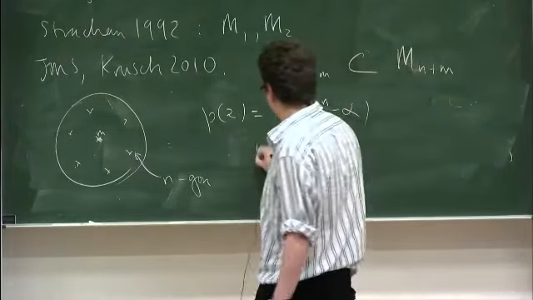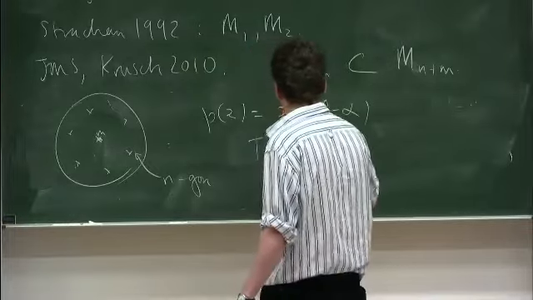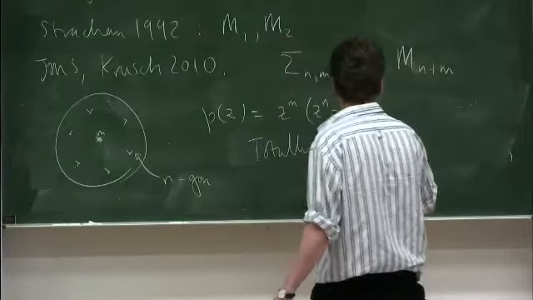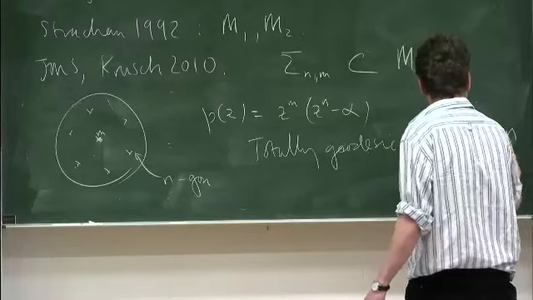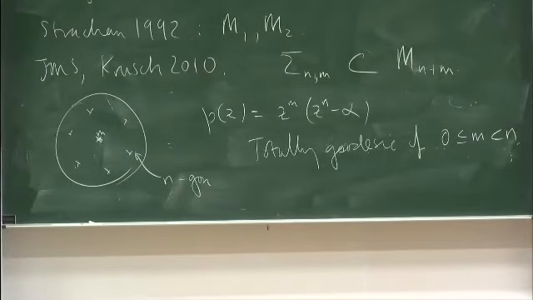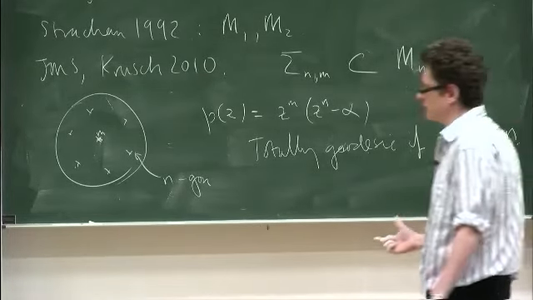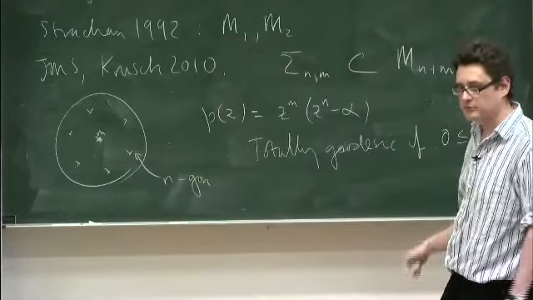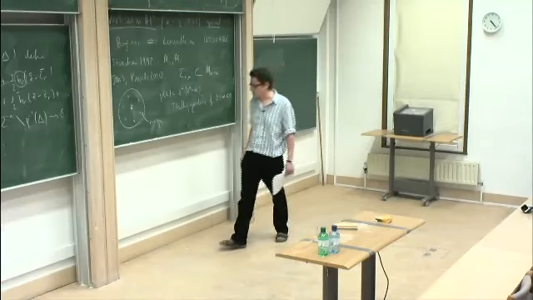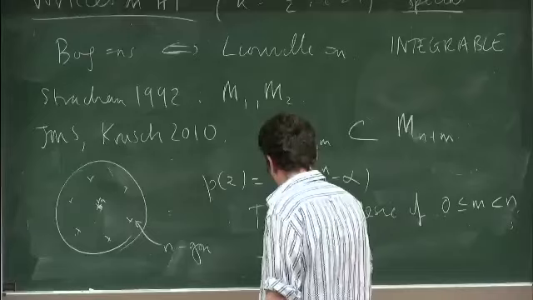It turns out that it's totally geodesic if m is strictly less than n. Okay, so this gives you a whole family of totally geodesic disks sitting inside these moduli spaces. And again, because there's a lot of symmetry, you can actually write down the metric explicitly. So again, we have explicit metrics.